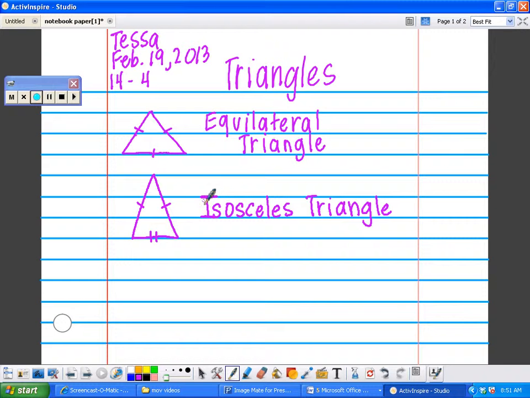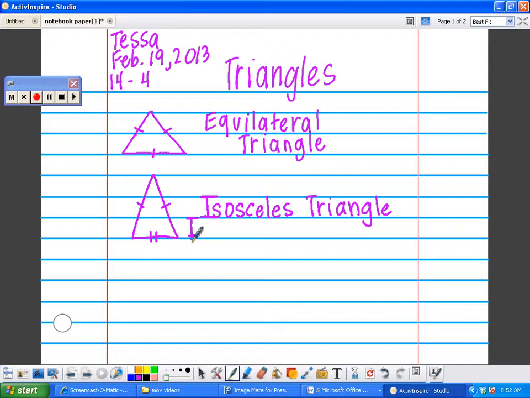Look at this I. Doesn't it have 2 sides that are the same and 1 side that's long? Isn't an isosceles triangle the same? It has 2 that are the same and 1 that's different. So be sure and write your I like this, and it'll help you remember. 2 the same, 1 different. That's an isosceles triangle.